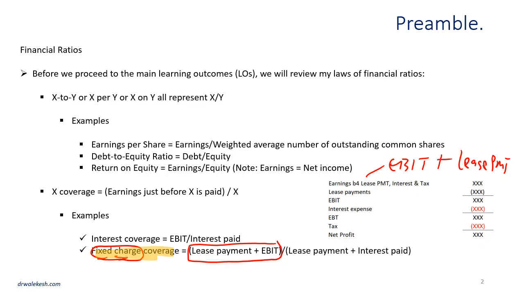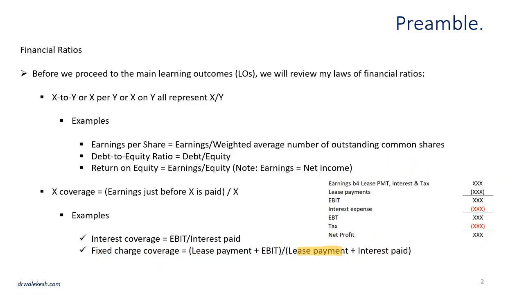So fixed charge coverage will be lease payment plus EBIT all over the two fixed charges, which are lease payment and interest paid. Before I move on, it is worth noting that everything we have here is the same as net profit or net income plus taxes plus interest plus lease payment.